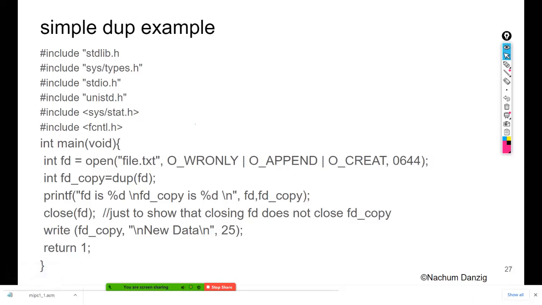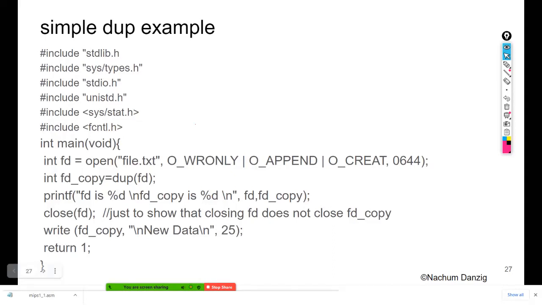In other words, this FD is, let's say, 4, and this FD copy is 5. So they're different numbers, but they're pointing to the same file. It's a duplicate of whatever this was pointing to, but it's a different file descriptor. It's like I have two pointers to the same file.